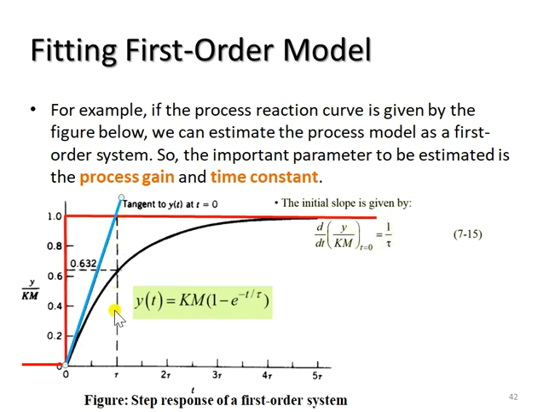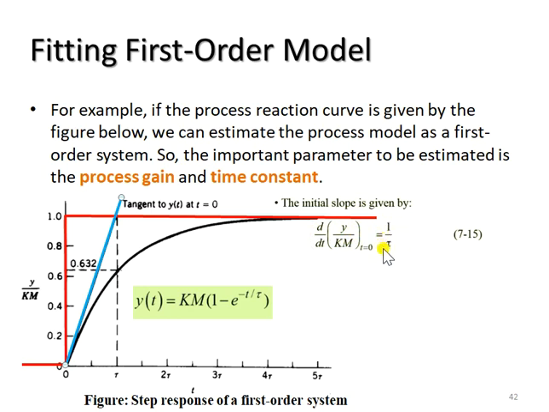So 1 is the value of normalized magnitude and over tau. Yeah? So tau is the x-axis. Therefore, what we can learn from this equation is that the slope is equivalent to 1 over tau.